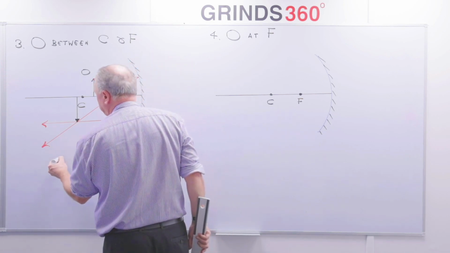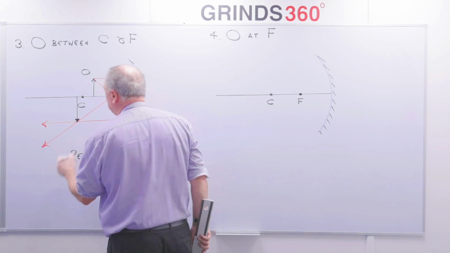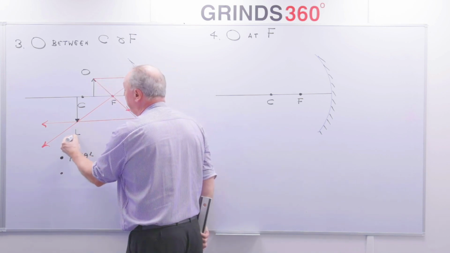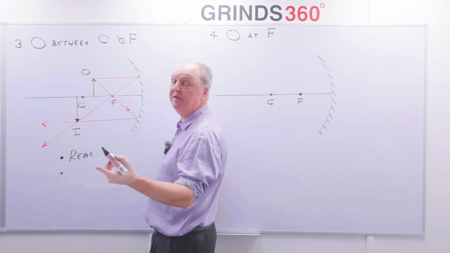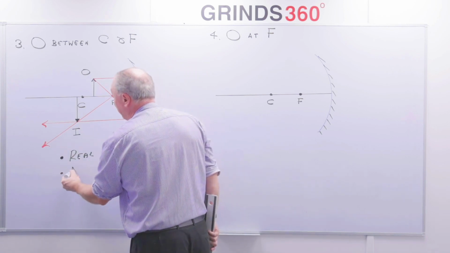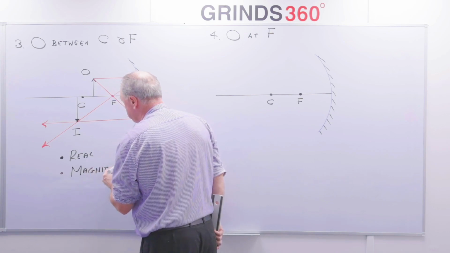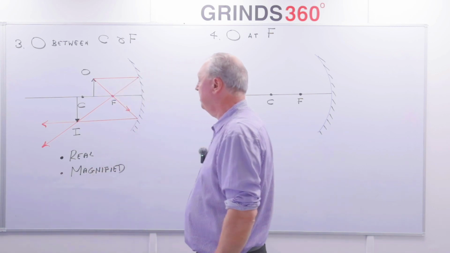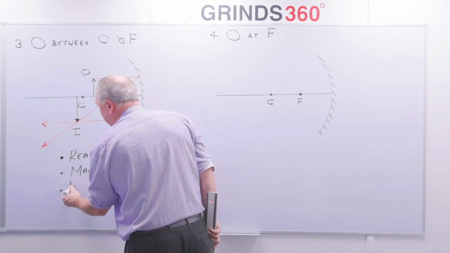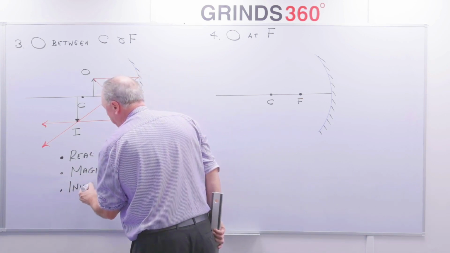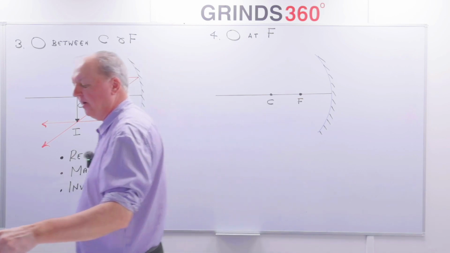What's the nature of it? Well, it's real again. You can see the size of that image compared to the original object. It's bigger. And what do I call bigger? I call bigger magnified. And the last part, of course, if it's real, it's also inverted. So what have we got so far?